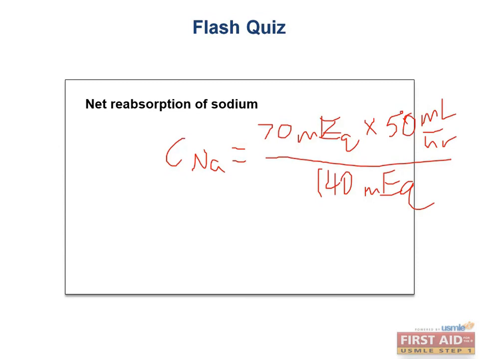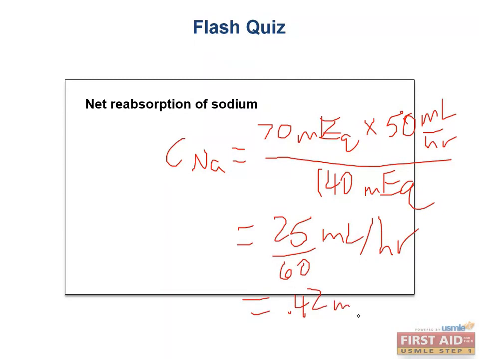When we work that out, we get 25 mils per hour. And dividing that by 60, we get 0.42 mils per minute.